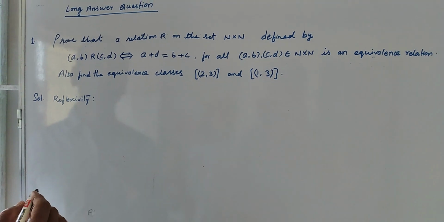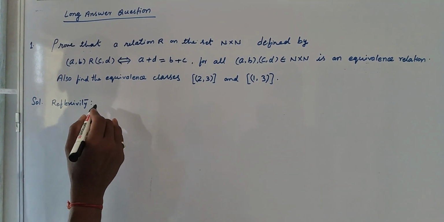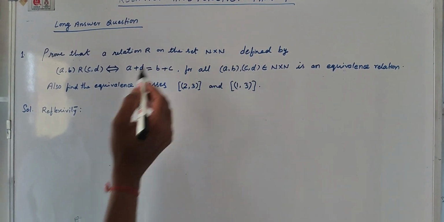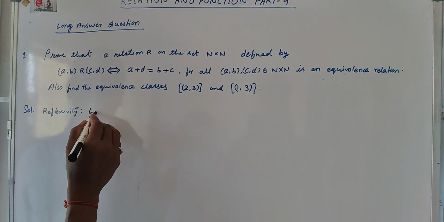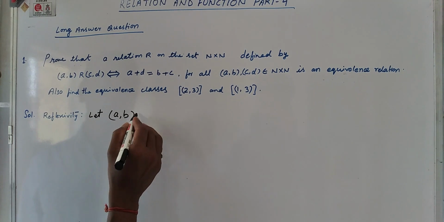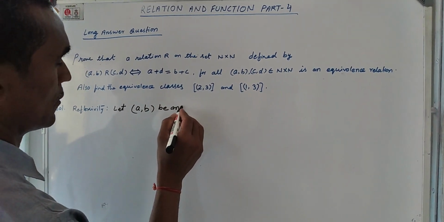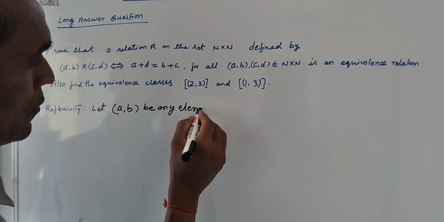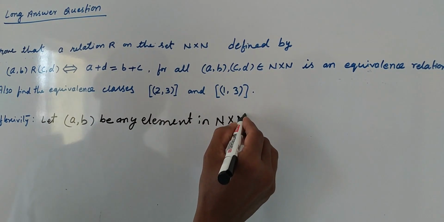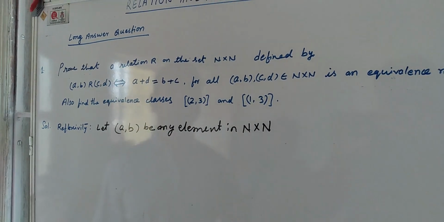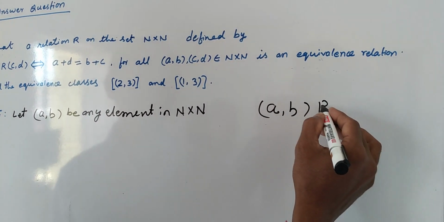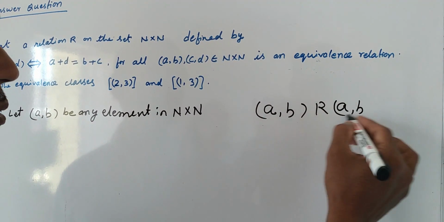First, reflexivity. For reflexivity, take any arbitrary element in N cross N. So let (a, b) be any element in N cross N. Now we have to prove (a, b) is related to (a, b).